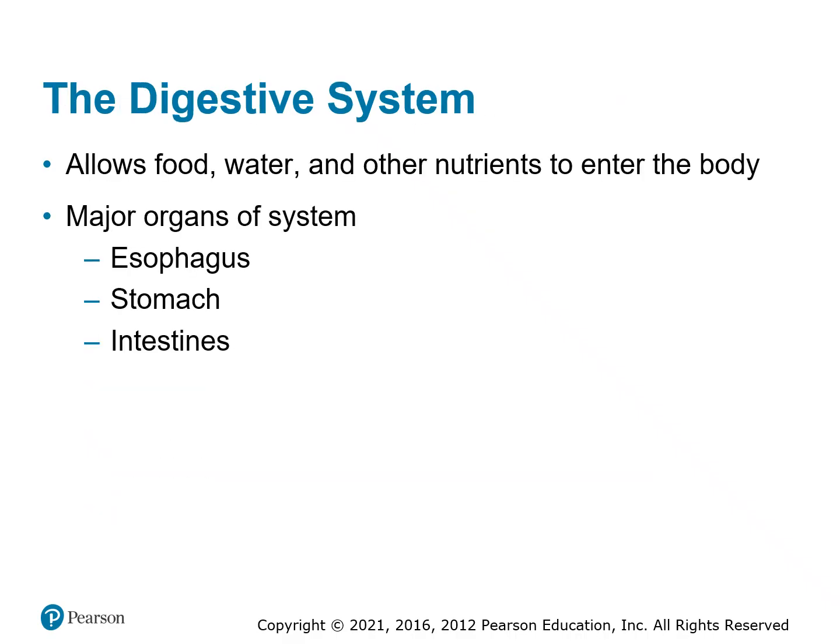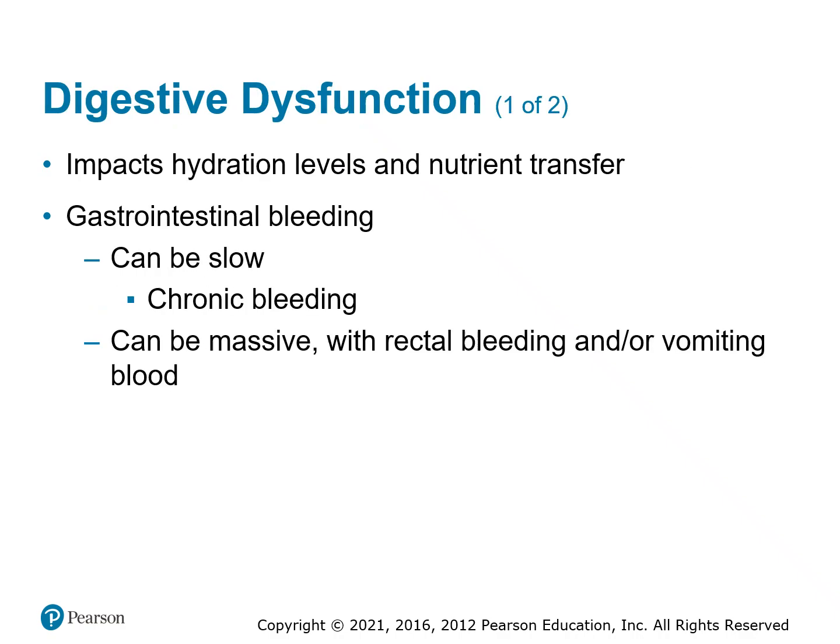The digestive system allows food, water and other nutrients into the body. So you've got the esophagus, stomach, intestines. This would be something as we get into some of the abdominal emergencies. We'll talk more about that. The digestive system may impact hydration levels and nutrient transfer depending on what they're eating and drinking. Their GI tract can be slow.